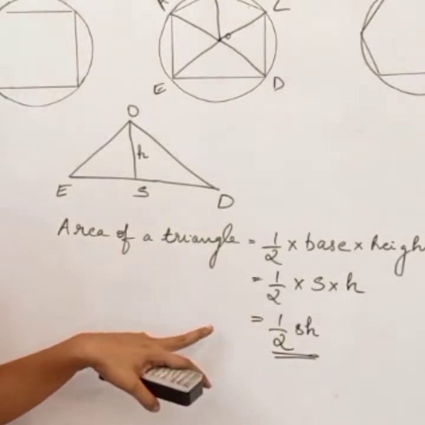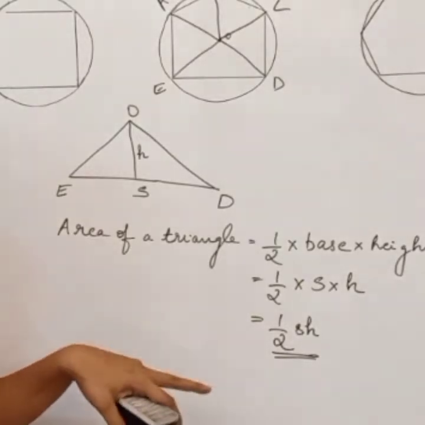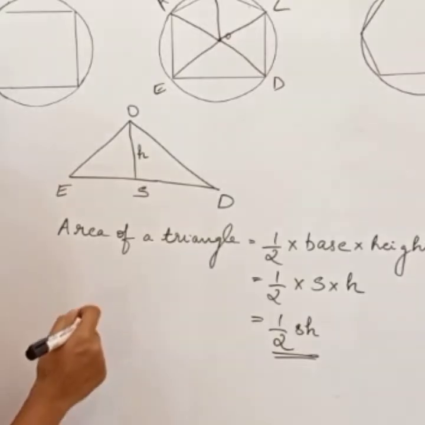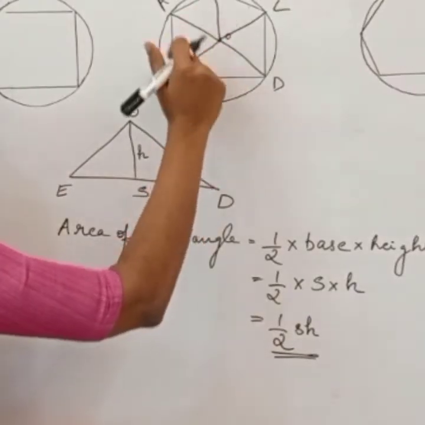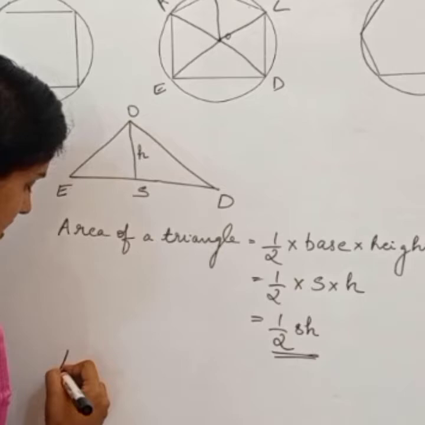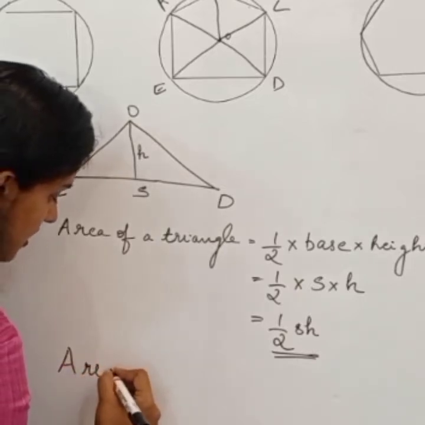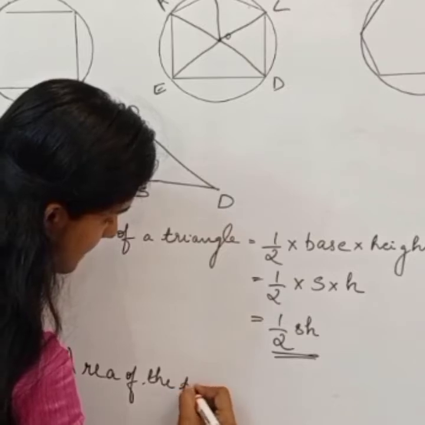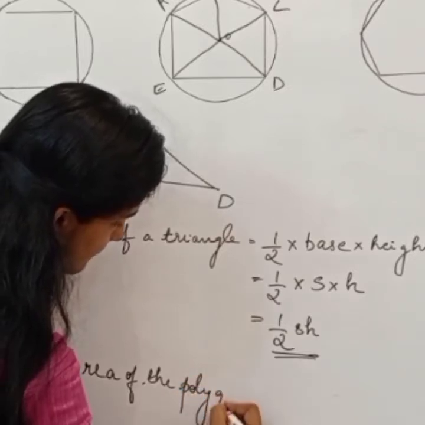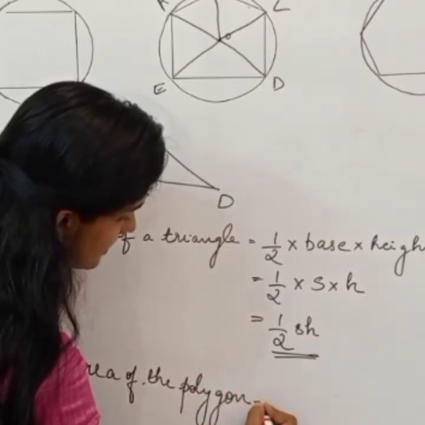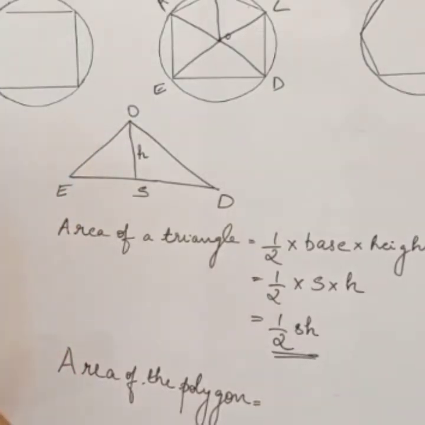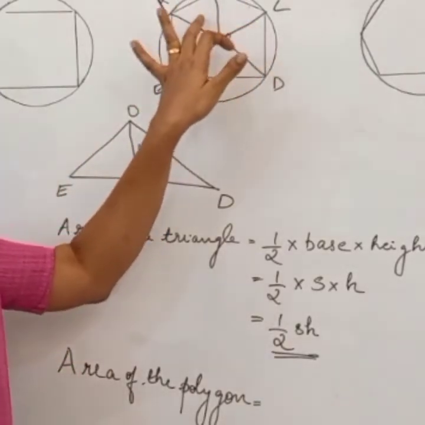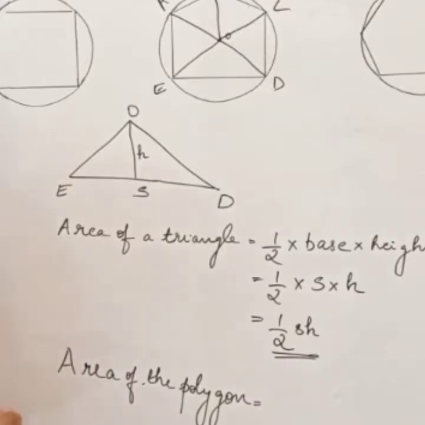Now, how many such triangles do we have? We have 5 such triangles. So the area of the polygon, that is the pentagon, is given by what? The sum of the areas of these 5 triangles, right?